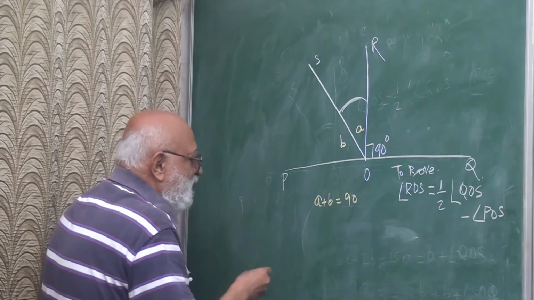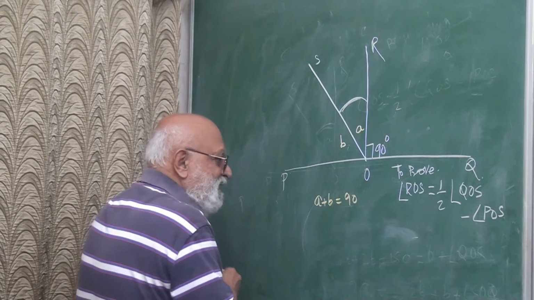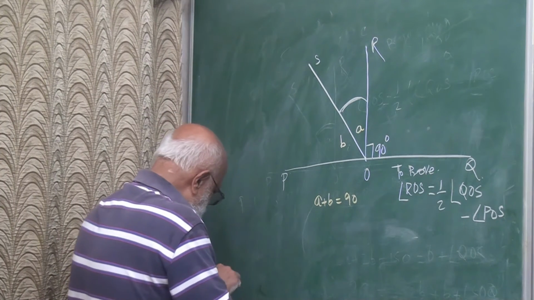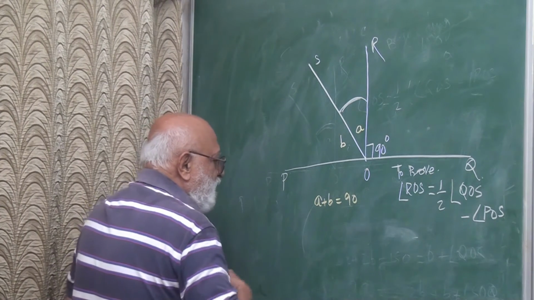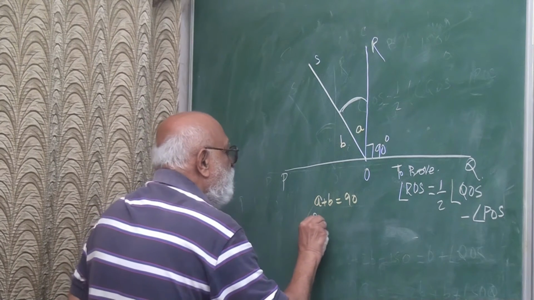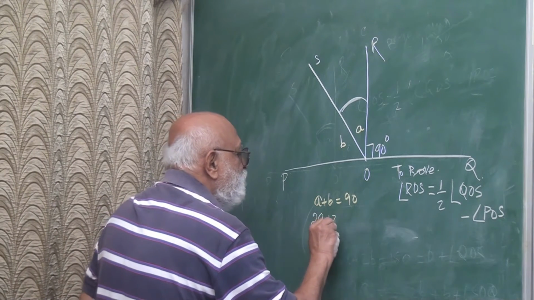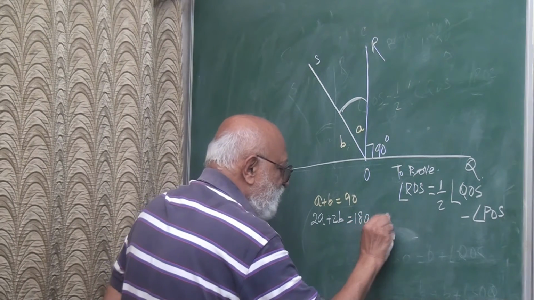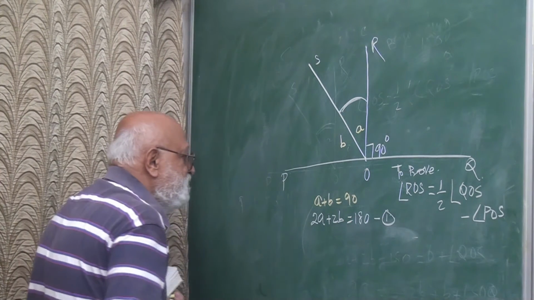I will now multiply it twice because I need a 2 somewhere to make it a half. So in order to do so, I will multiply it by 2. So it is 2A plus 2B equal to 180, right? This is one equation.